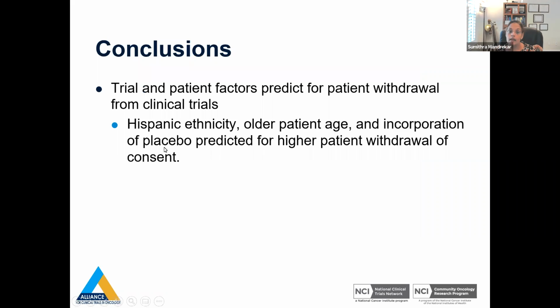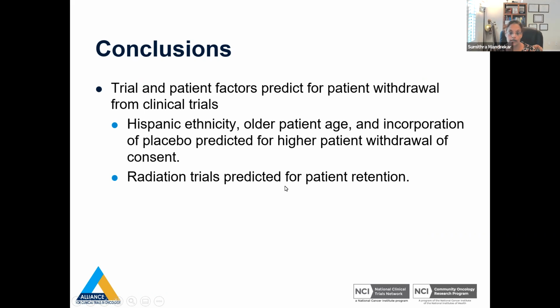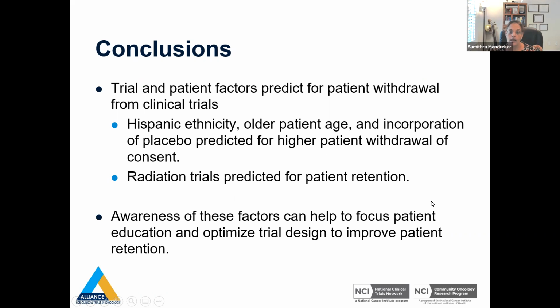So really, Hispanic ethnicity, older patient age, and incorporation of placebo predicted higher patient withdrawal, and radiation trials predicted patient retention. We're still trying to understand. In our manuscript, we talk a lot about why some of these might be factors that predicted withdrawal or retention. I think there's a lot of clinical angle to some of these.